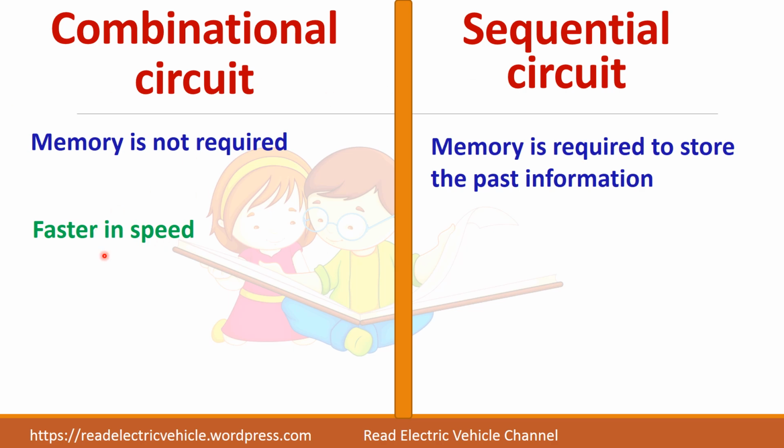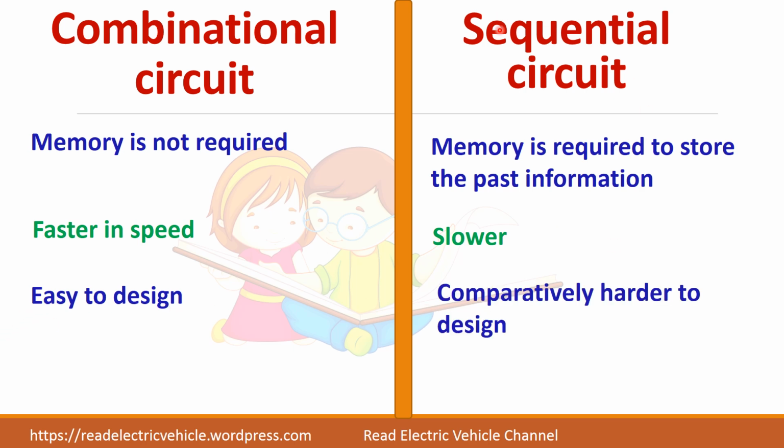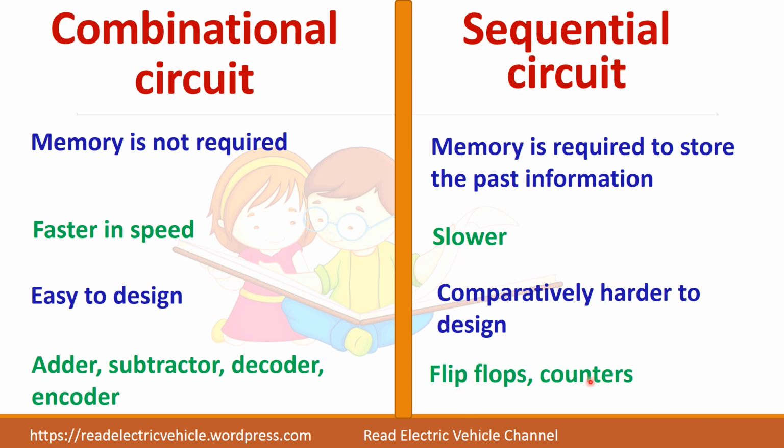Combinational circuits are faster in speed compared to sequential circuits, and they are easy to design, whereas sequential circuits are comparatively difficult to design. Examples: adder, subtractor, encoder, decoder, multiplexer are combinational circuits. Flip-flops, counters, registers, memory devices are all sequential circuits.